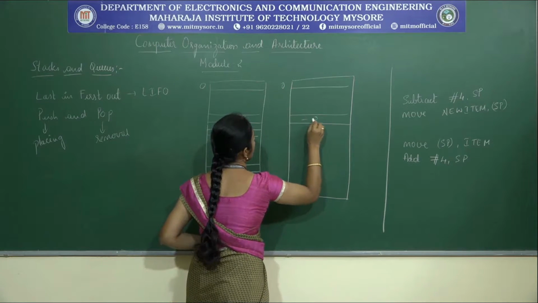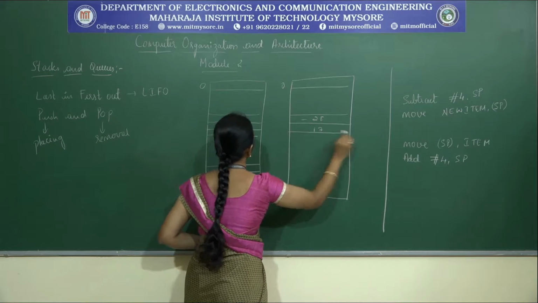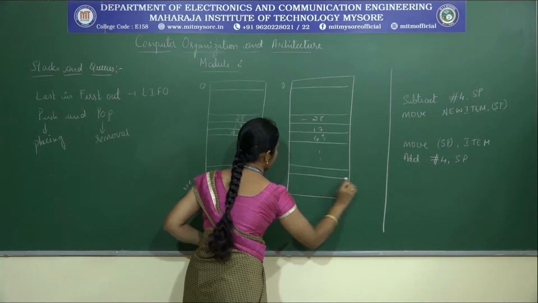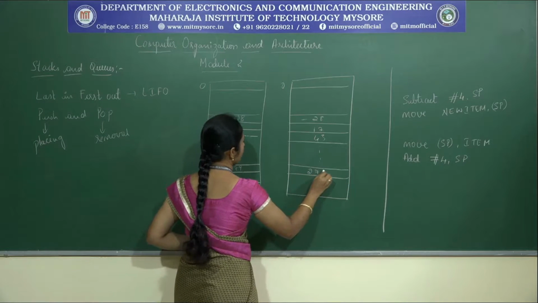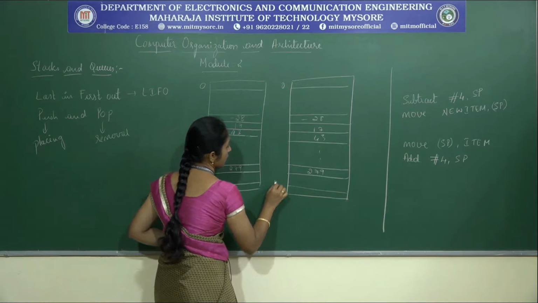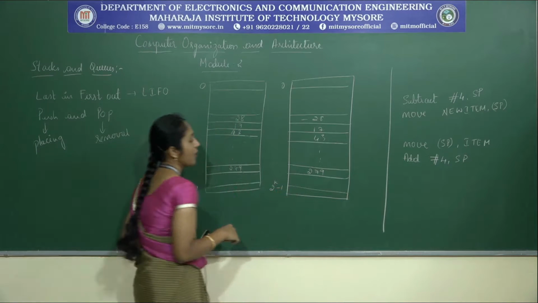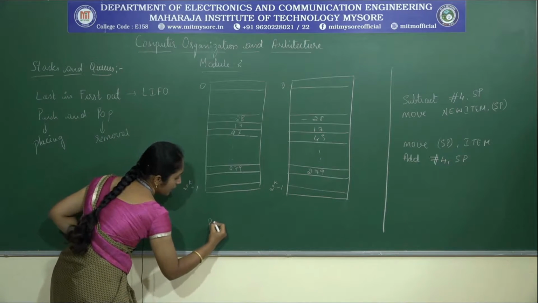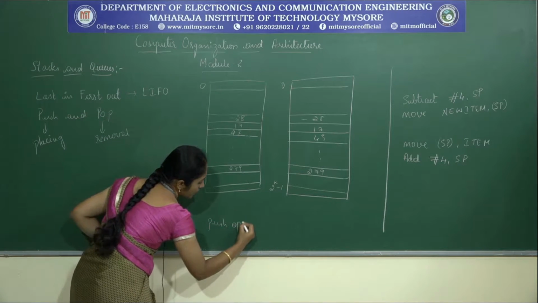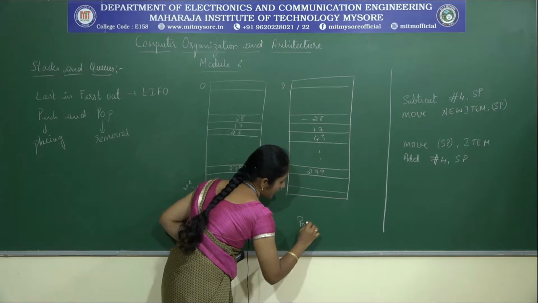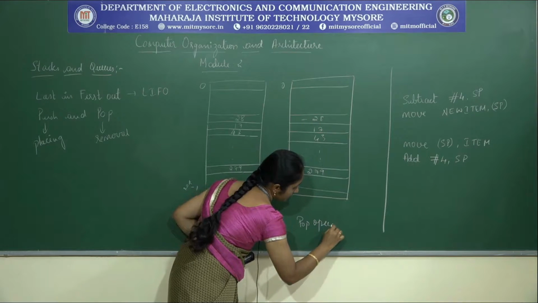Next we have -28, 17, 43, etc. The end of the stack, let me assume the same, is 279. Let us assume this is the last location in the memory, that is 2 power k minus 1. Let us assume this one illustrates the push operation, and this one is used to illustrate the pop operation.